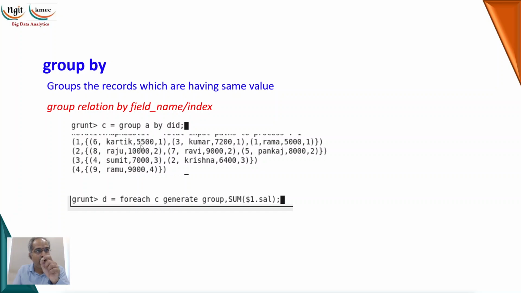So $1 dot inside that salary. Salary is 5,500, 7,200, 5,000. All these will be summed up and then it will be given. So the result will be department-wise sum of salaries.